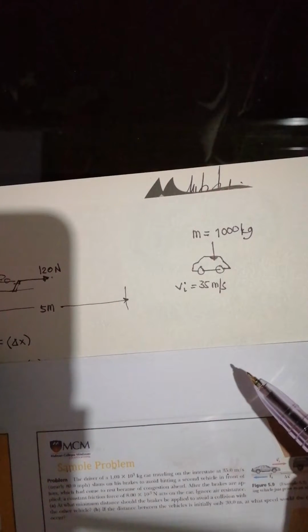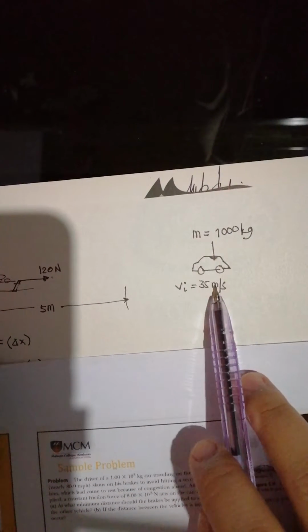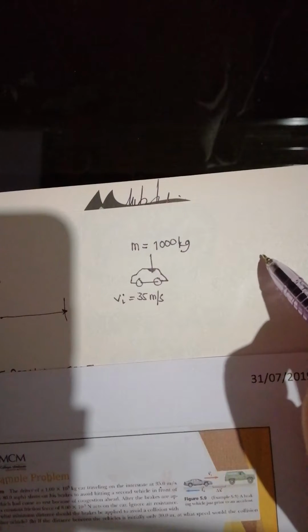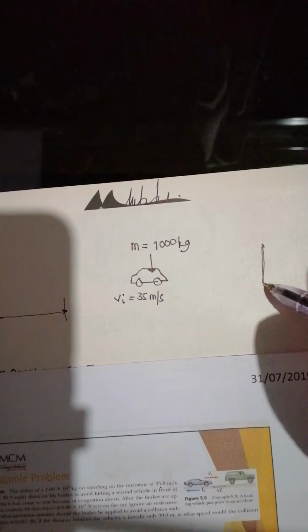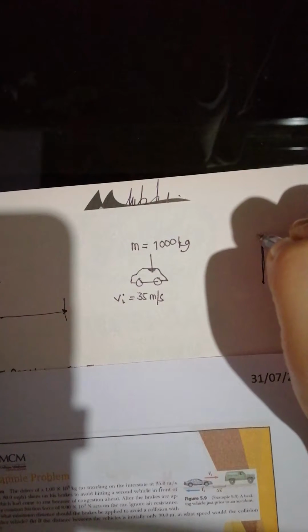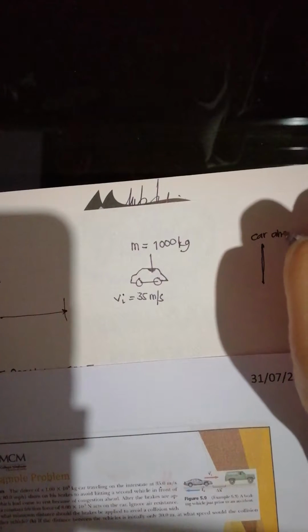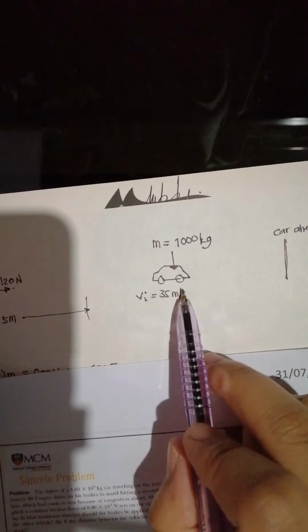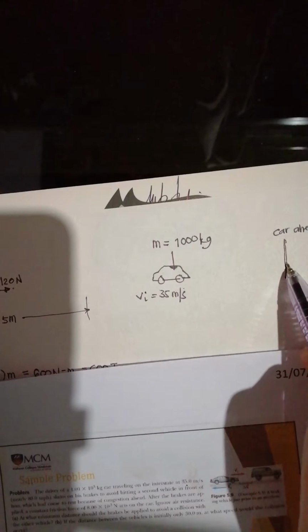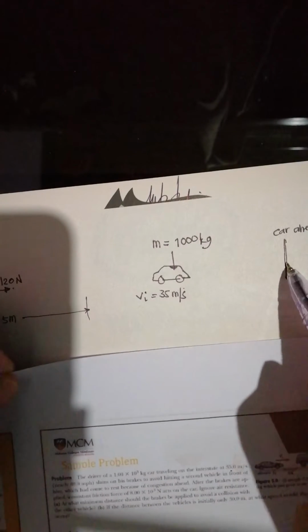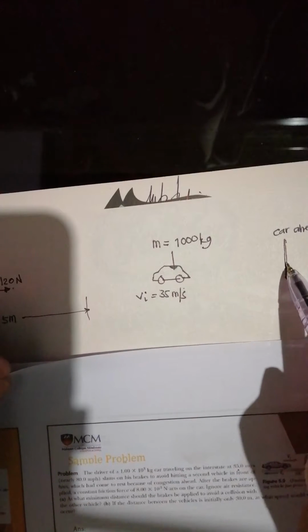Now, it has to apply its brakes, so we'll have here, okay, there's a car ahead. He has to apply the brake so that it won't collide or hit the second vehicle in front of it.